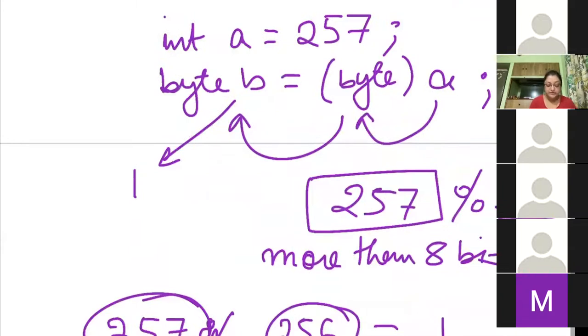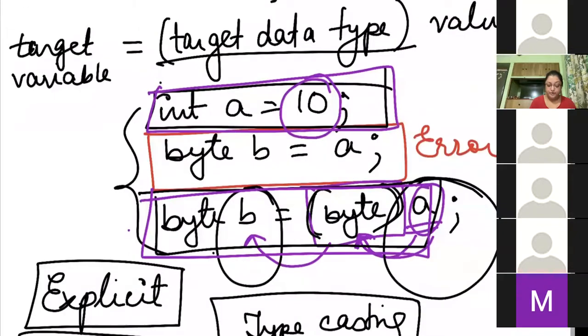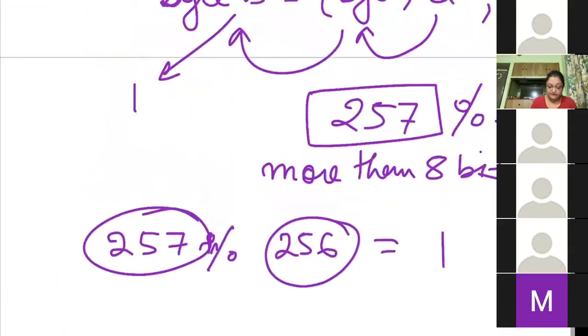If it is within the range, like our previous example, A is 10, B will also get 10. But if it is beyond the range, you will get the number modulo the largest number that can be represented for that particular data type. I have explained with byte.